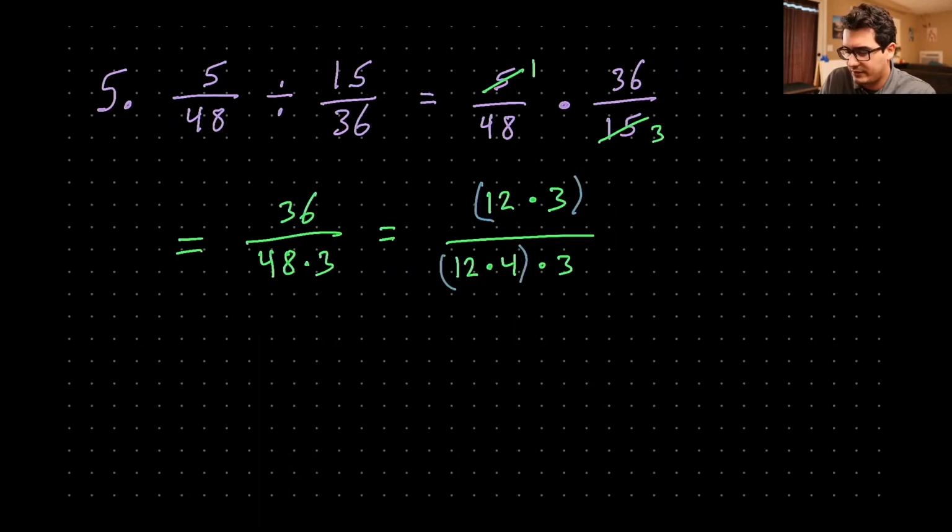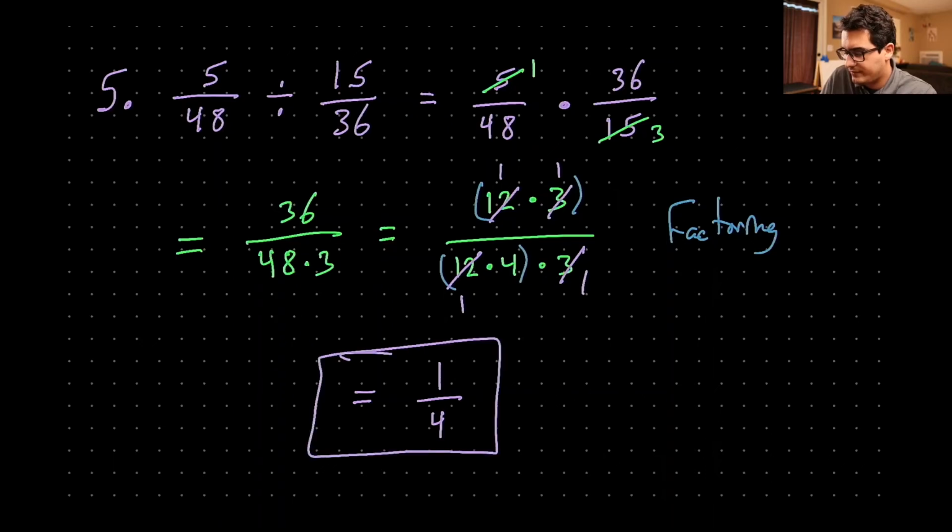We're factoring at this step. So let's go ahead and write that, factoring. And then we're going to get back to reducing. So here, the 12 and the 12 give you 1 on both the numerator and the denominator. And then there's a 3 and a 3. So the answer, you multiply everything now that it's all simple, is 1/4.